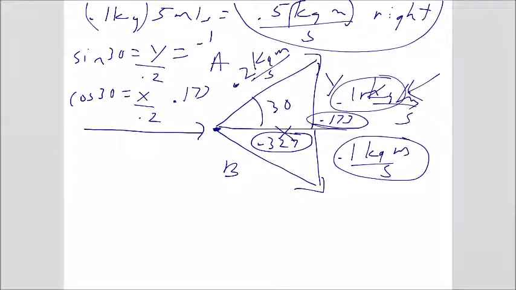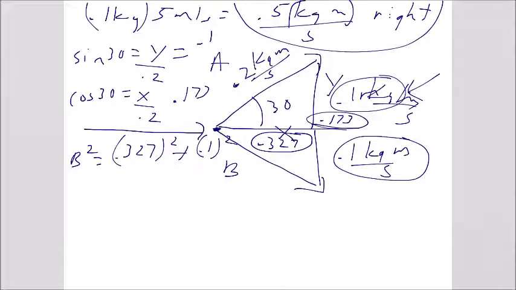So to get the total momentum, we can add those up using vector addition. So let's use Pythagorean theorem. In this case, we'll say B squared equals 0.327 squared plus 0.1 squared. Solve for B. So 0.327 squared plus 0.1 squared.